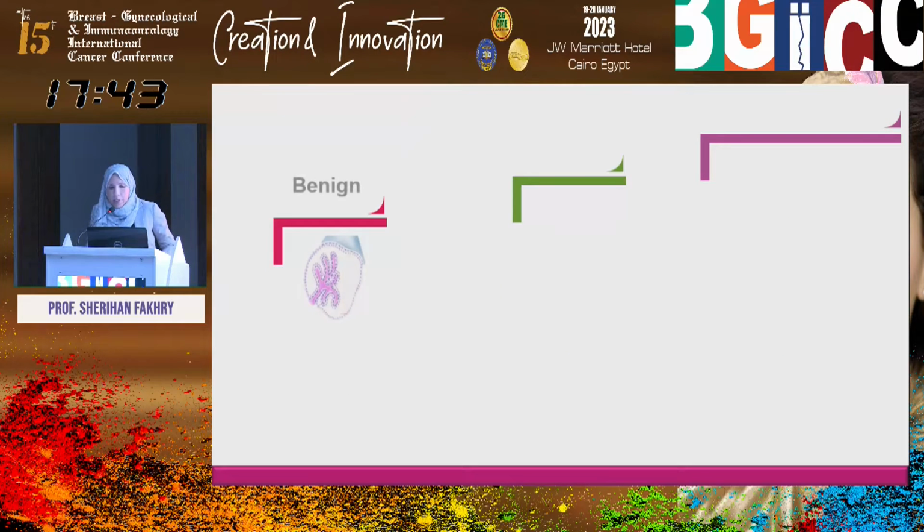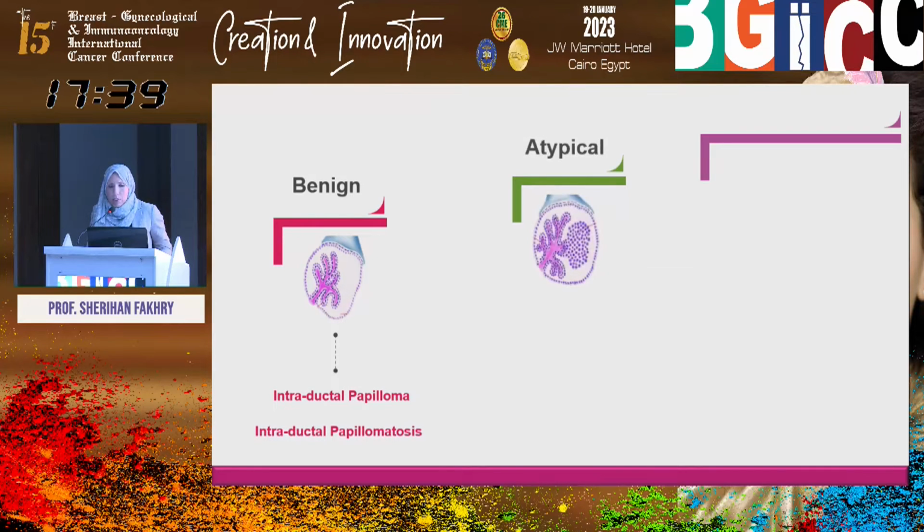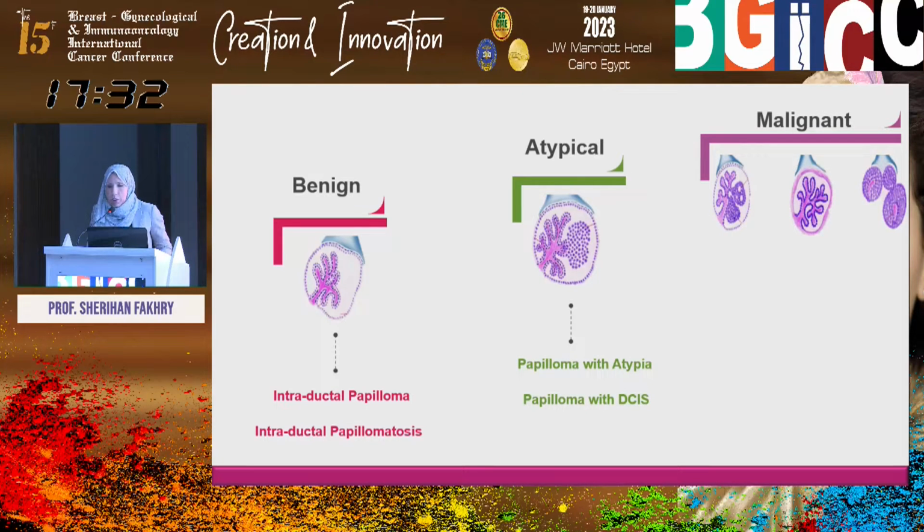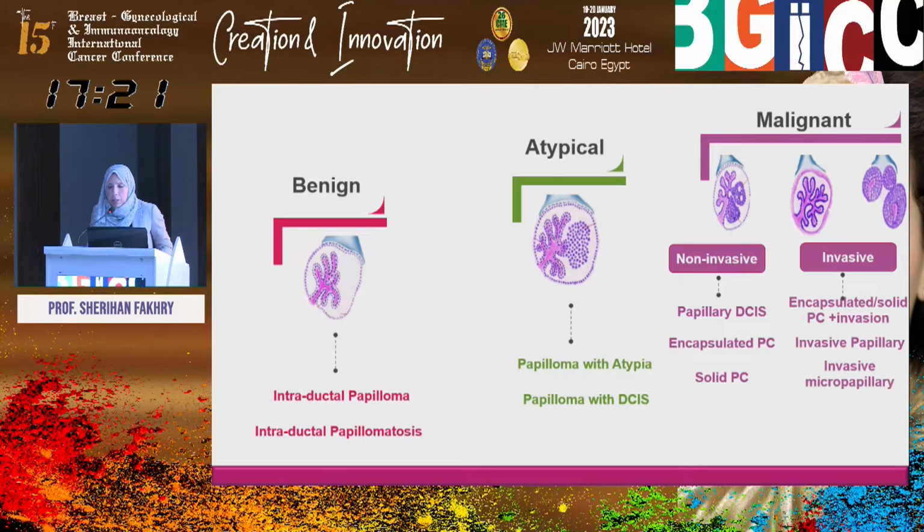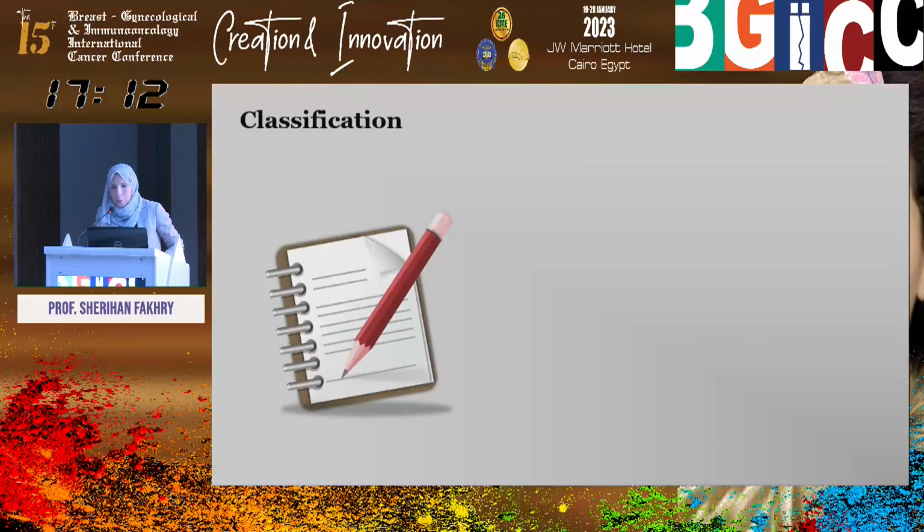They are categorized as benign, including intraductal papilloma and papillomatosis; atypical, including papilloma with atypia or DCIS; and malignant, which are either non-invasive, including papillary DCIS, encapsulated papillary carcinoma, solid papillary carcinoma, or invasive, like encapsulated papillary and solid papillary carcinoma with invasive component, invasive papillary carcinoma, and invasive micropapillary carcinoma.